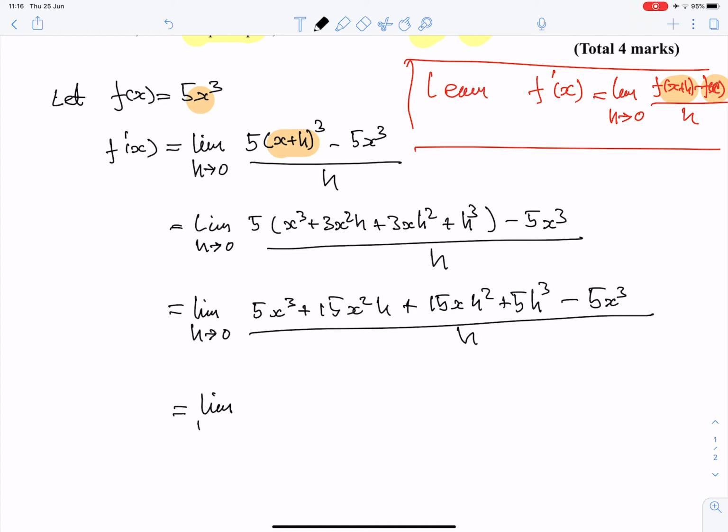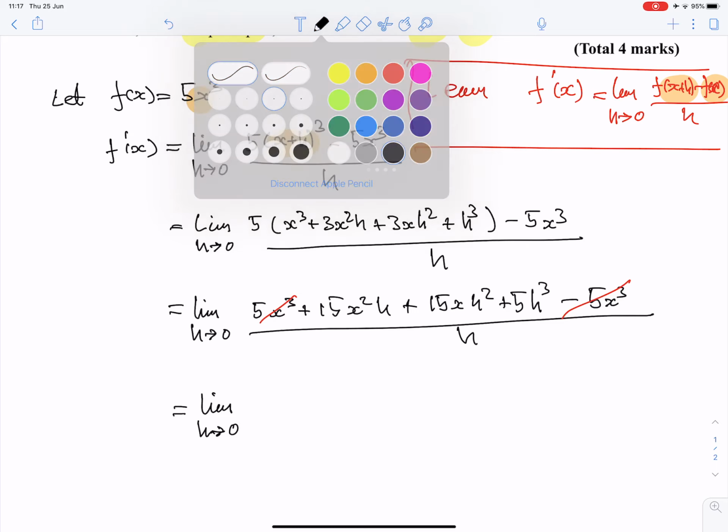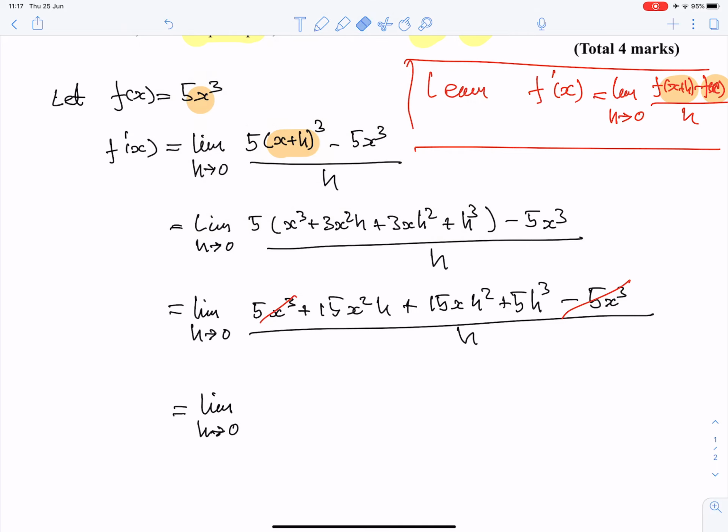Let's just cancel this first of all. We can see that 5x cubed and minus 5x cubed will cancel. And that leaves 15x squared h over h plus 15xh squared over h plus 5h cubed over h.